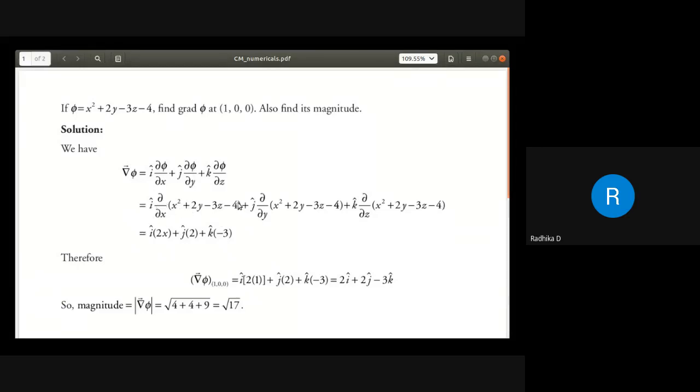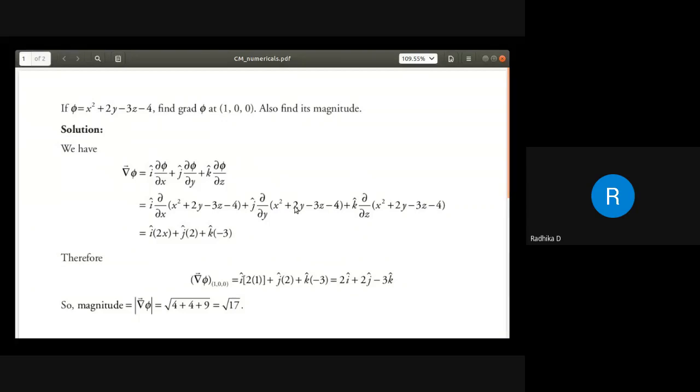I am going to differentiate with respect to x, considering y and z constant. So I will only get the first term, right? All others become 0. So i into 2x. What happens here? The x term is 0, the z term is 0, the constant is also 0. So only with respect to y I am doing the differentiation: dou by dou y of 2y is 2.